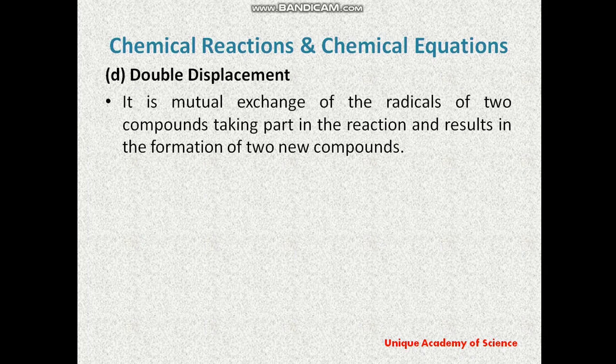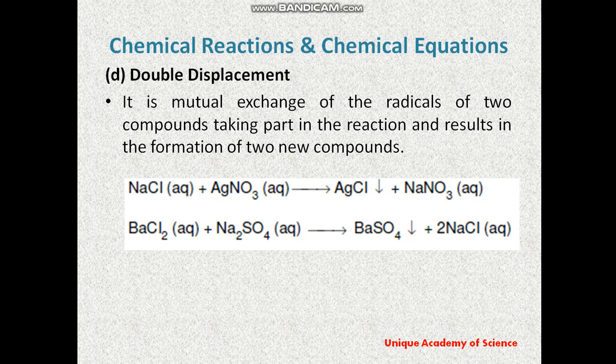Now double displacement reaction. A double displacement reaction is one in which there is a mutual exchange of radicals of the two compounds taking part in the reaction, resulting in the formation of two new compounds, whereas in single displacement there is only one displacement, but in this reaction two displacements occur.